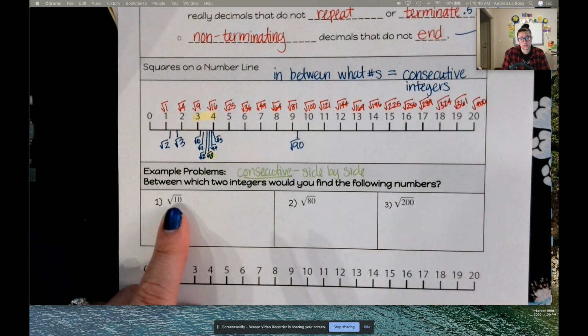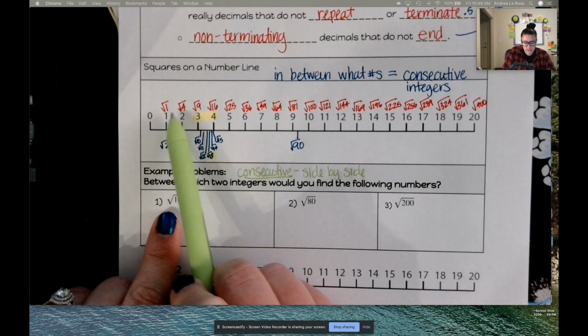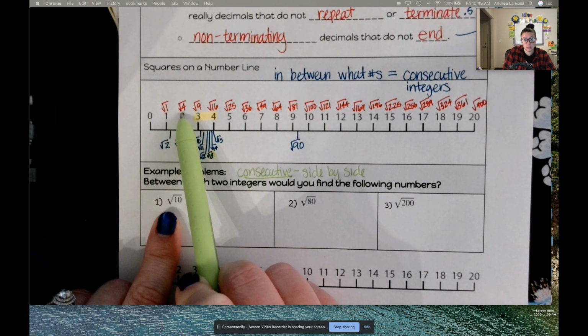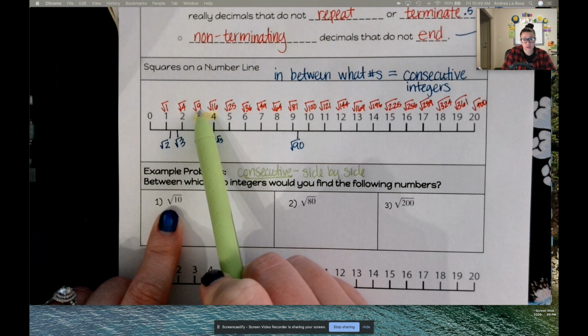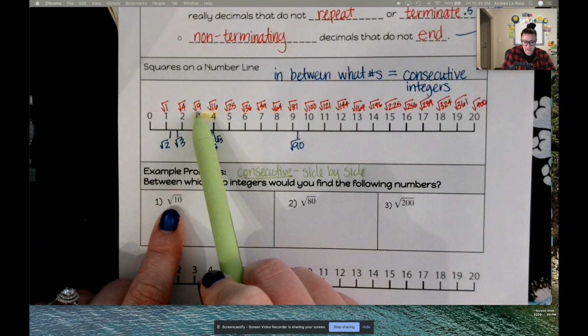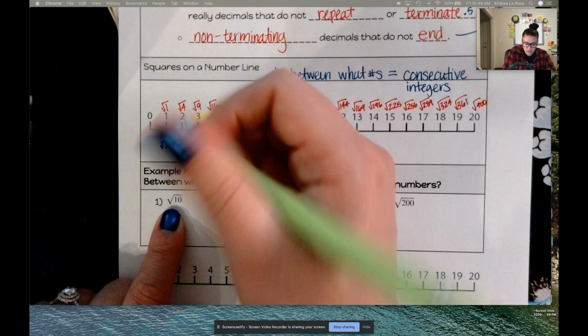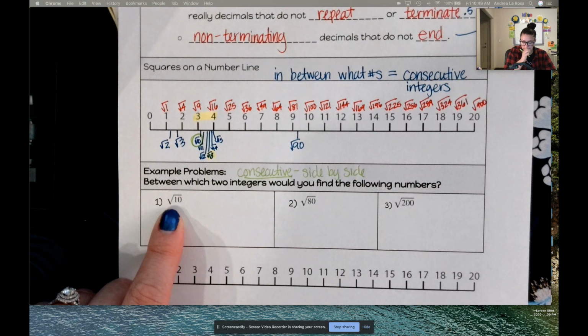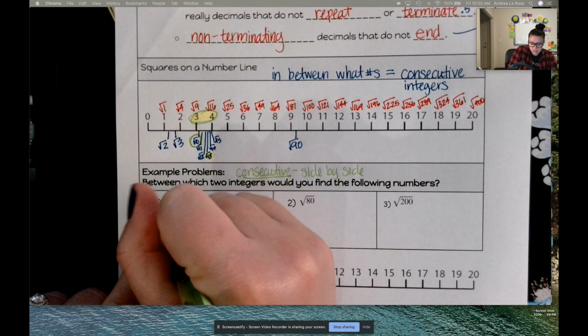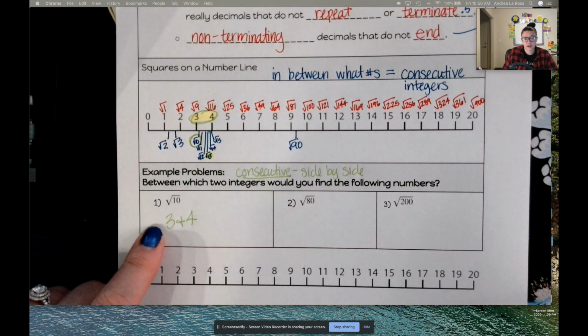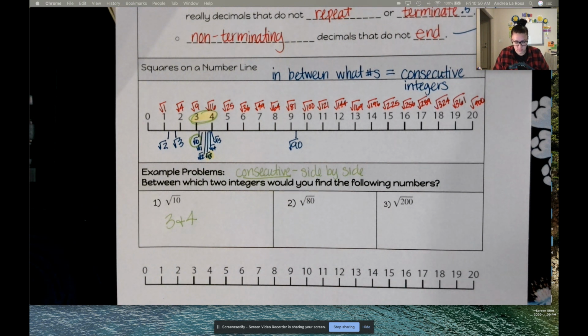What's it going to be between? Is the square root of 10 between 1 and 4? No. Is 10 between the square root of 4 and the square root of 9? No. We see the square root of 10 is between 9 and 16, like we saw right here. So the answer I would want to give is 3 and 4. The square root of 10 will be between 3 and 4.